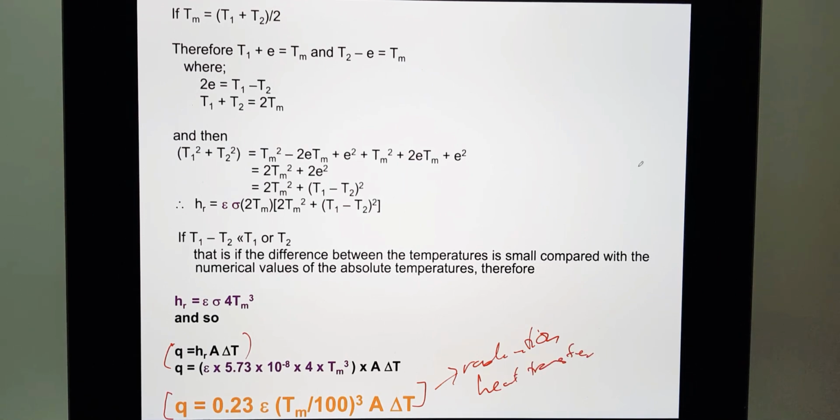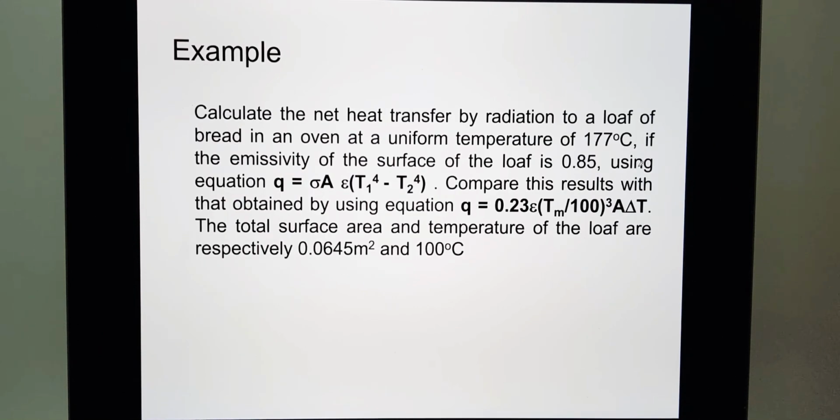Alright, in the following slide, we have the example of radiation to a loaf. This one is very simple because you have all the equations given to you, but you need to know which value is meant for which part.